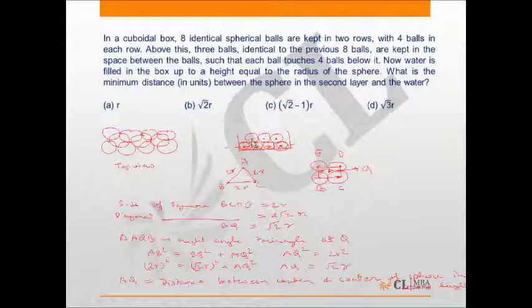So I have to subtract this distance, which I am marking here, from root 2 r. So my answer will be root 2 r minus r, that is (root 2 minus 1) times r. In other words, this distance is root 2 r complete, and this distance is r, so the remaining distance here will be root 2 r minus r.